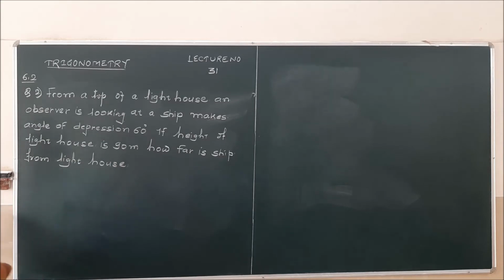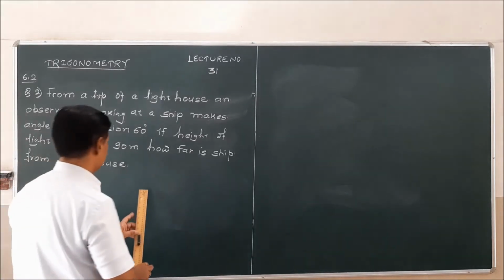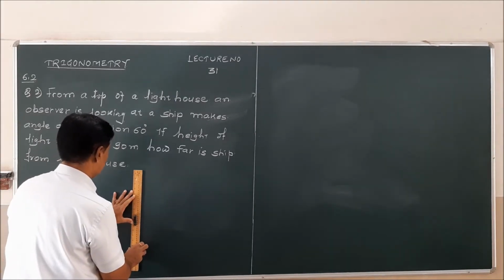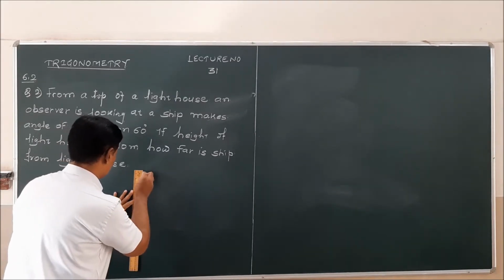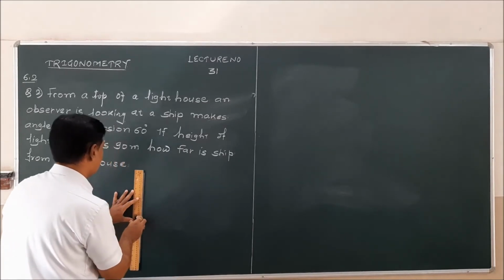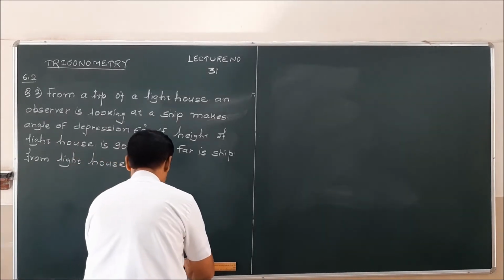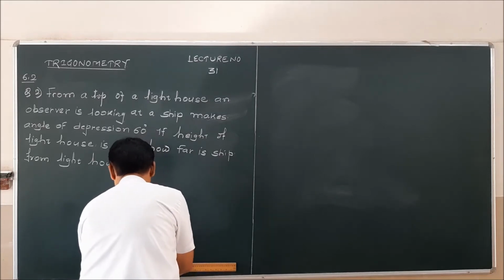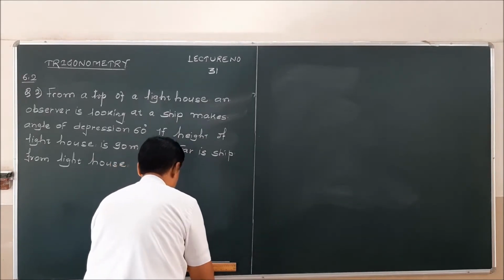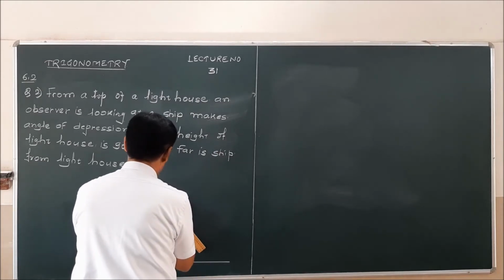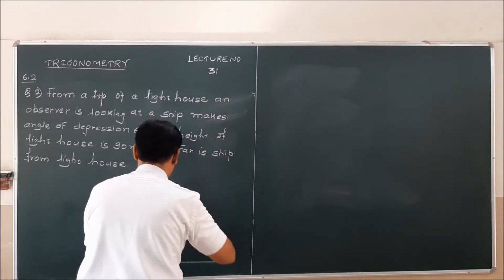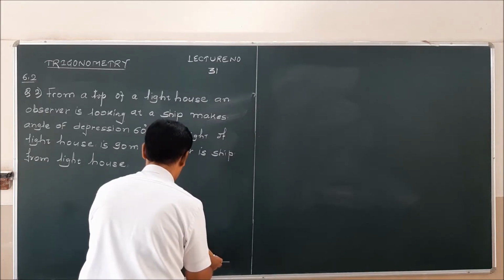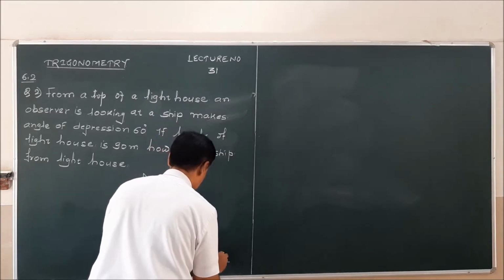This is a question, but this time it is very important to note that the angle of depression is there. From the top of a lighthouse, supposing I draw AB as a lighthouse, then you will find this time the angle of depression.